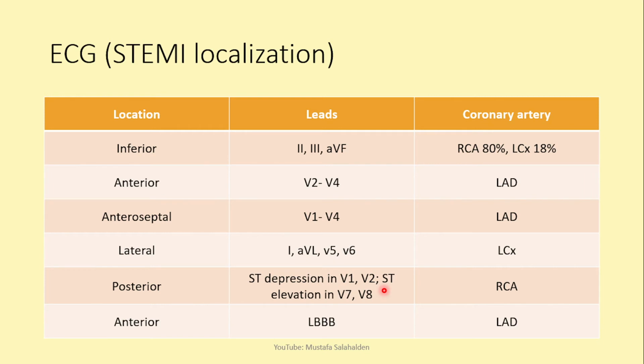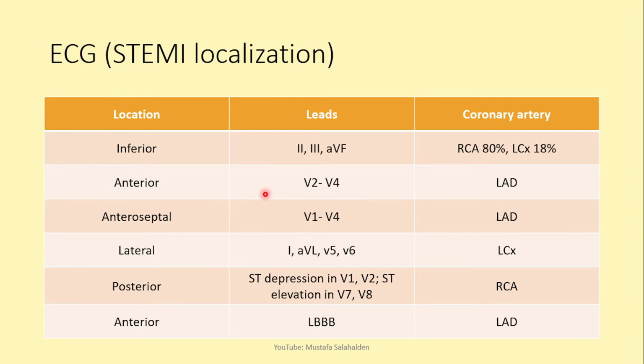Now for the ST elevation myocardial infarction localization. There are different locations of the myocardial infarction, and those can be identified by the ECG. The inferior is in leads 2, 3, and AVF, and it involves the right coronary artery in 80% of cases and the left circumflex in 18% of cases.